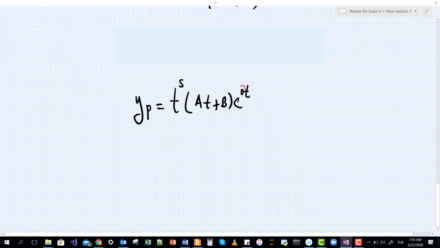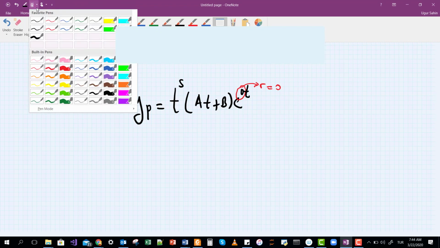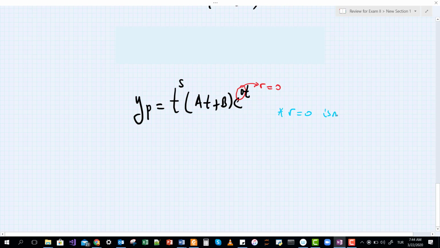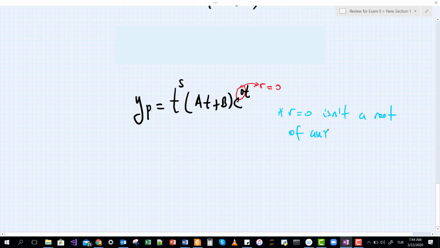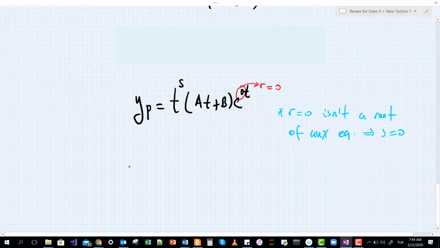As you see, this is my r value, which is 0, but r is not equal to any of the roots I have in my auxiliary equation. So r = 0 is not a root of the auxiliary equation. That is why s is going to be 0. Great, that will simplify my job. So I can now continue without that extra term in this way.